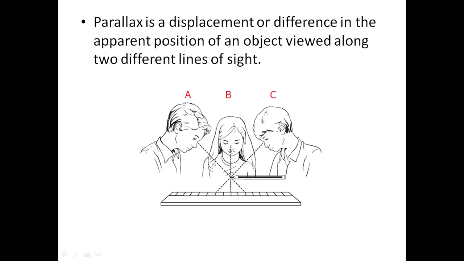In the same way, the person looking from A will have a different, wrong measurement. So A and C will get wrong measurements or readings. Only the B reading will be correct. The reading taken this way is called the correct reading, and the readings taken from A and C have the parallax error.